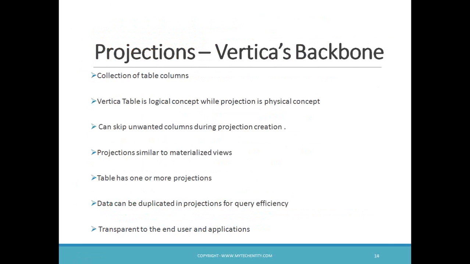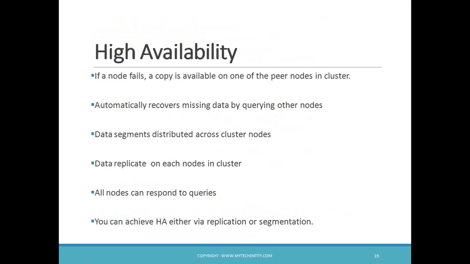Data can be duplicated in projections for query efficiency. Let's suppose you have an employee table and you can create 3 to 5 projections, or whatever number you want, because if you have certain dedicated queries, you can create query-specific projections as well. And it's transparent to the end user and application, because the end user never knows which projection he or she is getting the data from, or his applications.